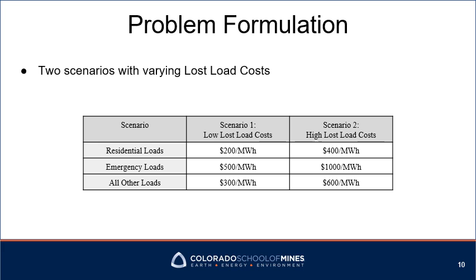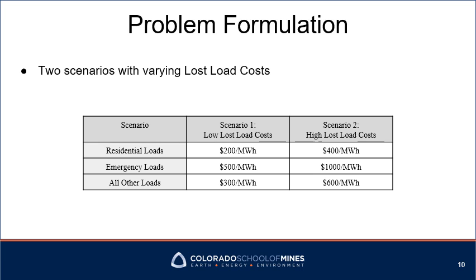So going back to the lost load cost, these are the actual numbers that we decided on for the 2 scenarios for this method. The first scenario has relatively low lost load costs, around $200 per megawatt hour and up.